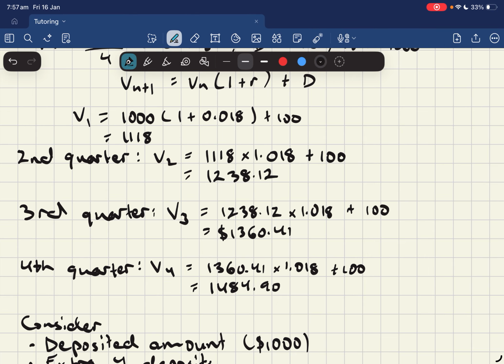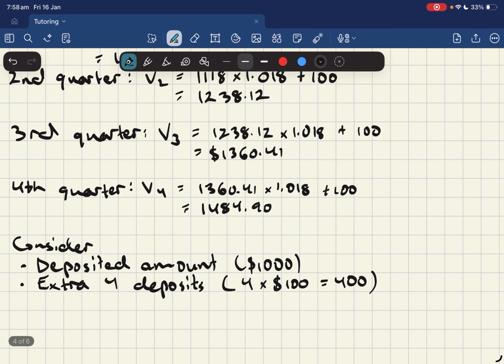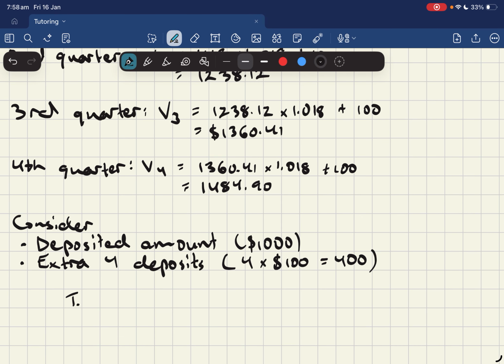They were just extra money that we put in. This kind of gets factored in when we have to calculate our interest when we think about annuities. So this was 4 times 100, which equals 400.